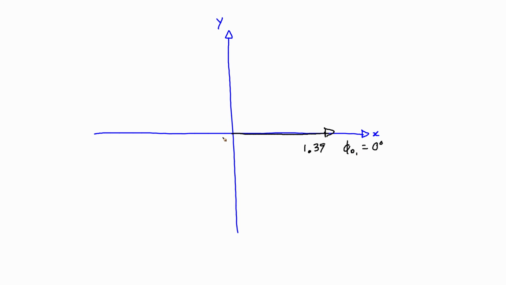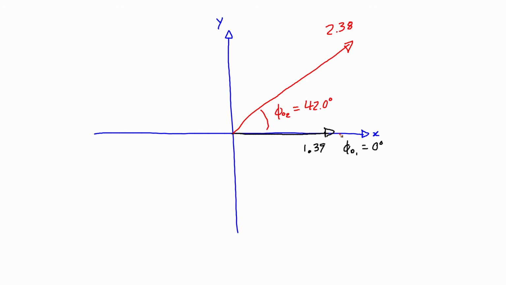For the second one in red, the amplitude is going to be 2.38, so it's bigger. The phase constant here, phi naught 2 for the second wave, would be 42.0 degrees. It could be negative 42, it doesn't really matter.